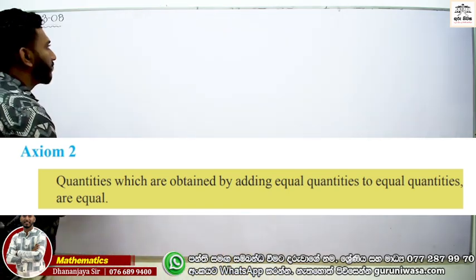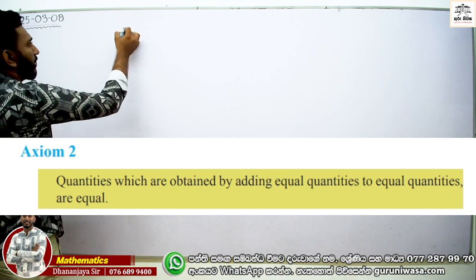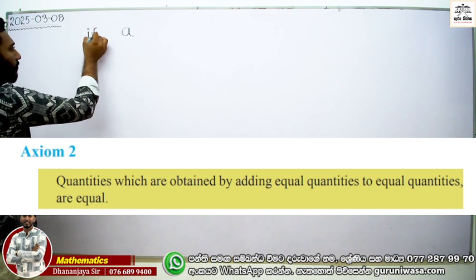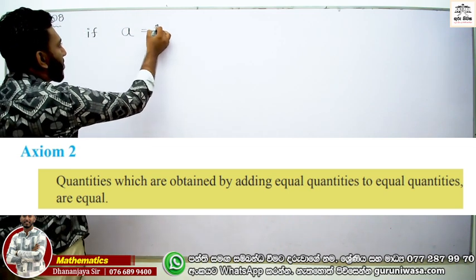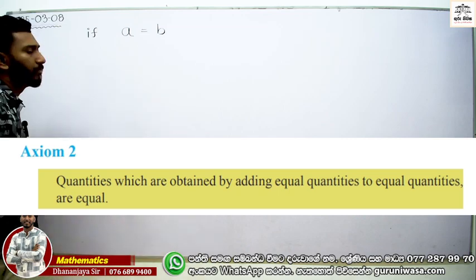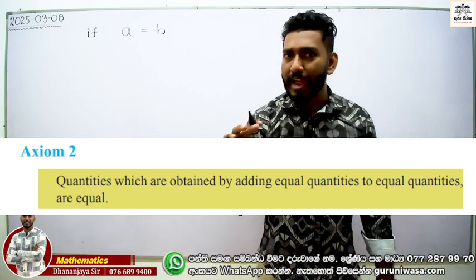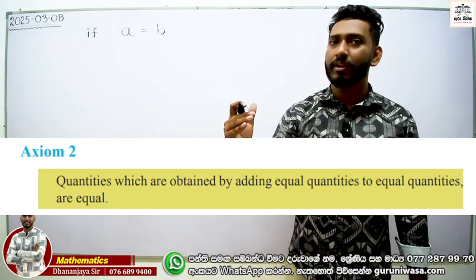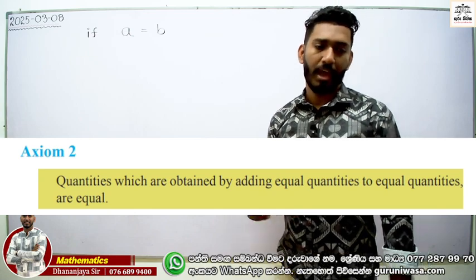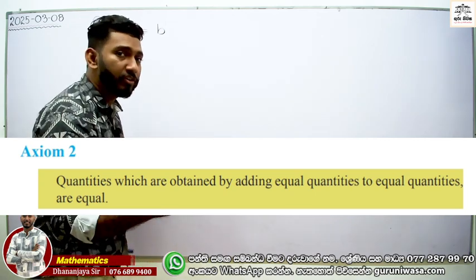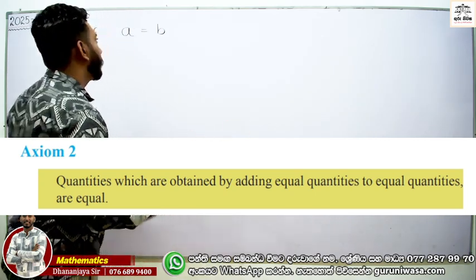Look at the board. If A equals B, now I am going to add the same quantity to the same quantity. Equal quantity to equal quantity.